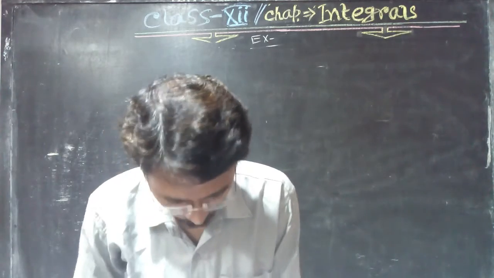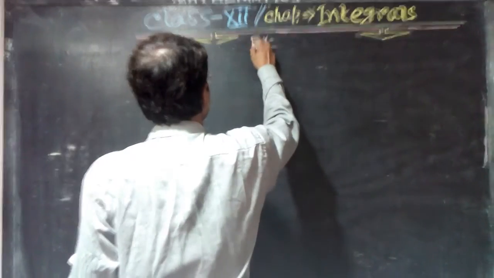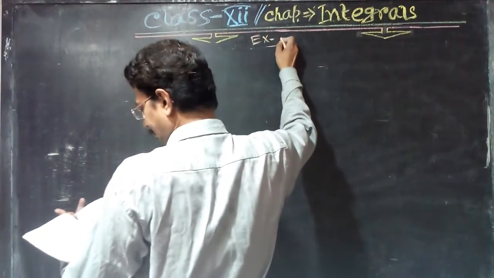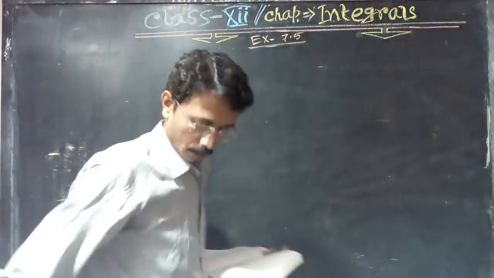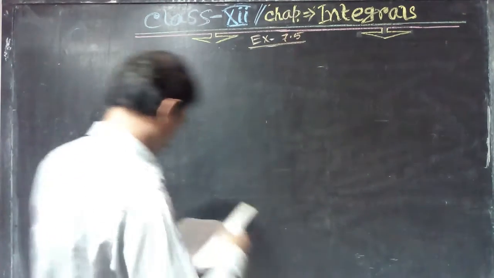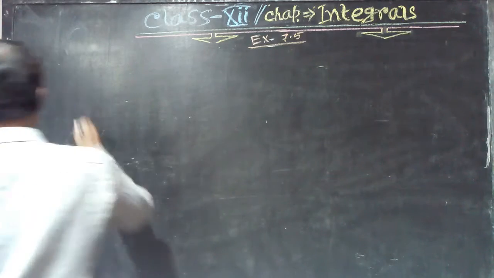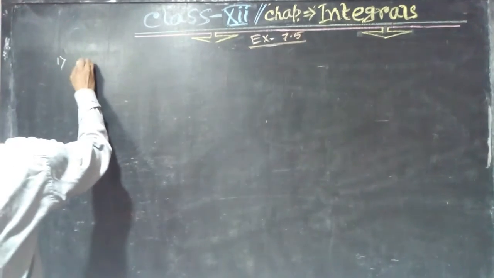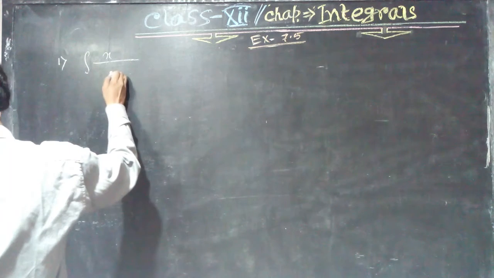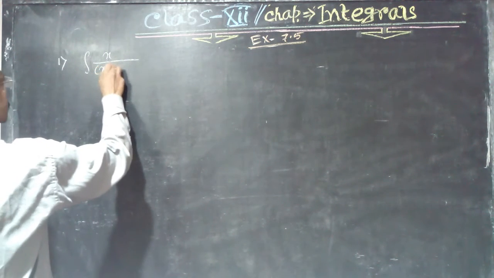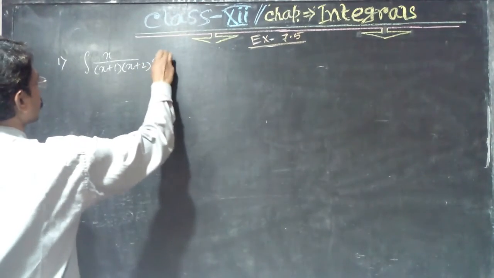Okay, now from exercise 7.5 as per NCERT book, I solve few problems. Integration x by x plus 1 into x plus 2 dx.